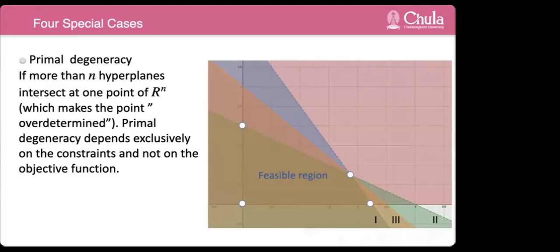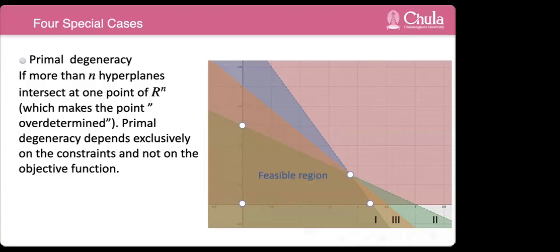Now, imagine that the solution is still at the corner. However, normally, how do we define the corner? The corner is at the intersection of constraints. If you have two dimensions, I mean two decision variables, you need at least two constraints to define one corner.